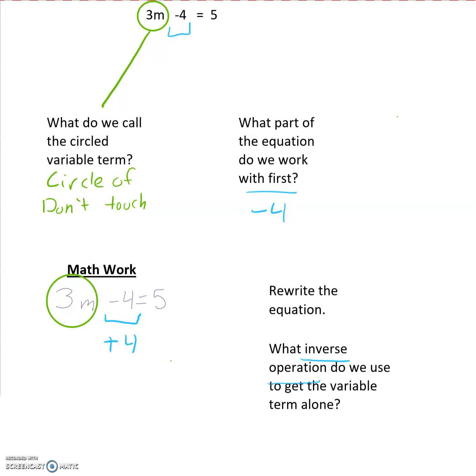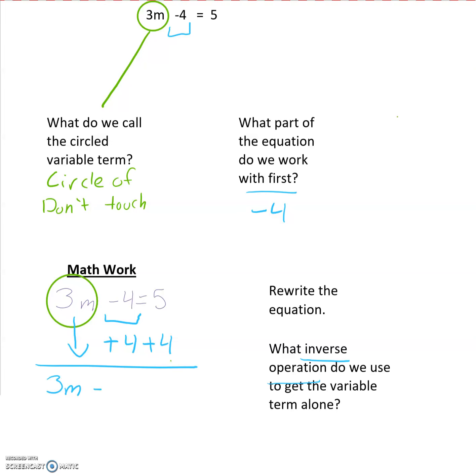And remember our rules for equations: what we do to one side, we have to do to the other side. So now we have 3m. We're not doing anything to that, so I'm going to just bring that straight down. -4 plus 4 equals what? 0.